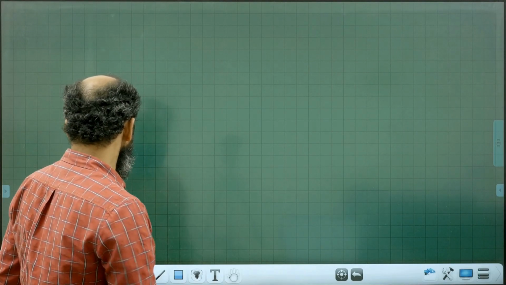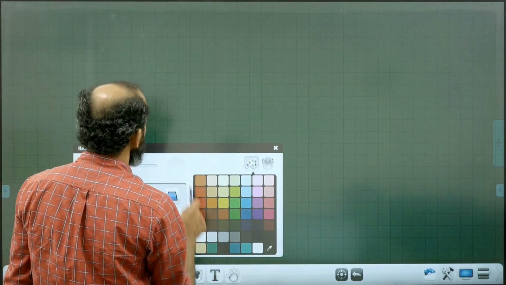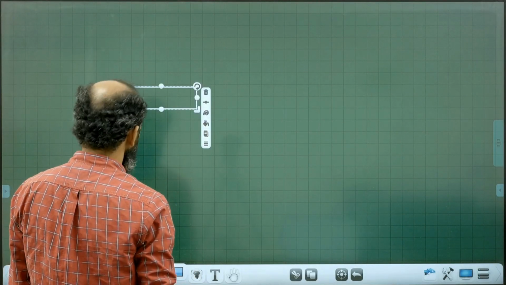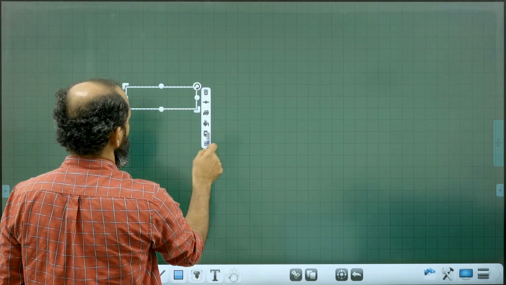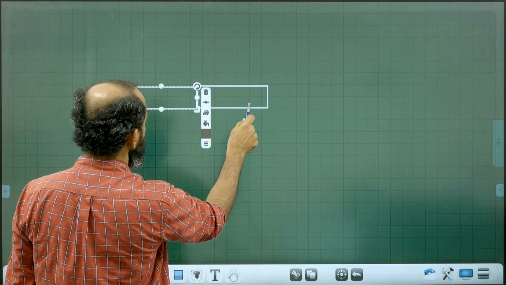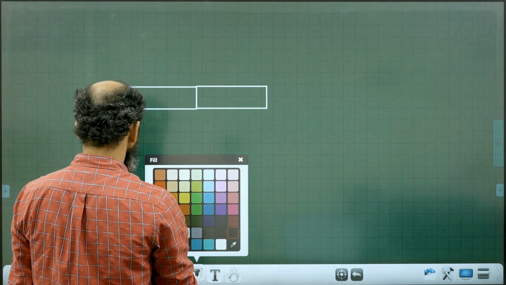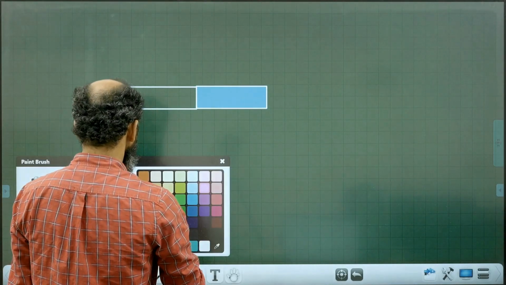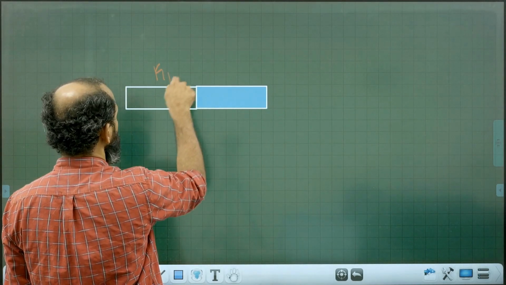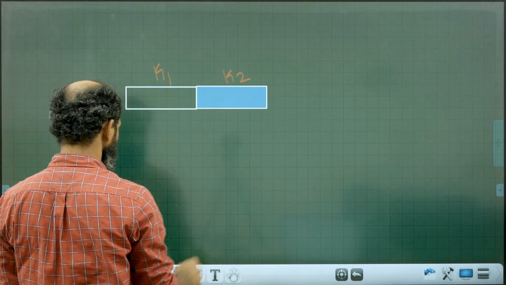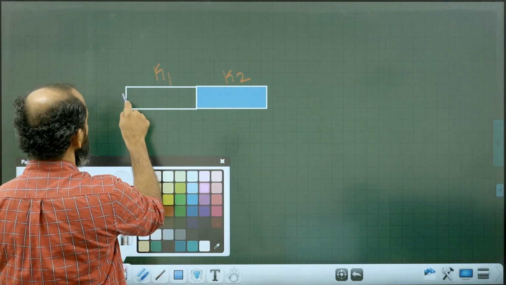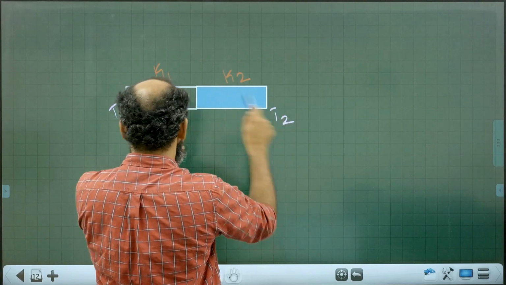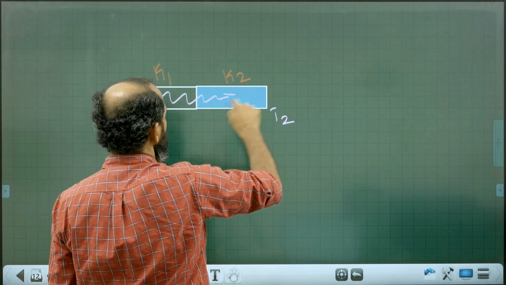Okay, now if two such thermally conducting slabs have the same length, same area, but are made up of different materials, one of thermal conductivity K1 and the other K2, and both the ends are maintained at temperatures T1 and T2, heat energy flows like this.